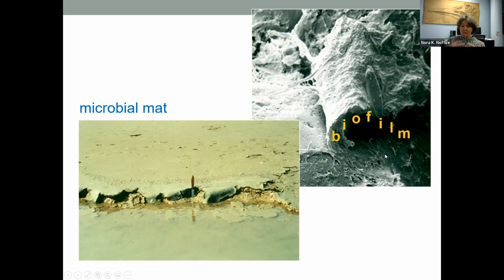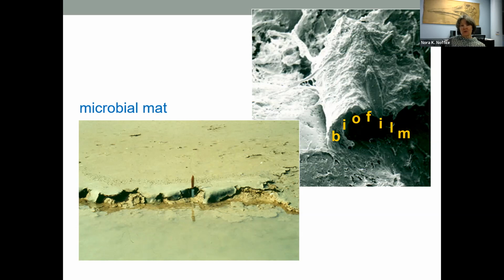Those EPS are mucilages that are very adhesive and that have certain functions for the microorganisms. For instance, they help the organisms to attach to surfaces. They buffer salinities to fight osmotic changes in the cell. They transport nutrients, and they also serve for communication between different cells within a biofilm.